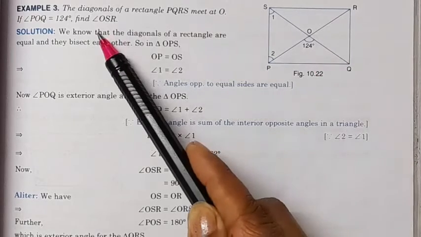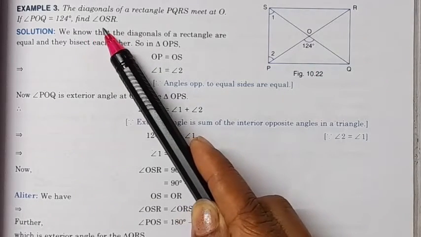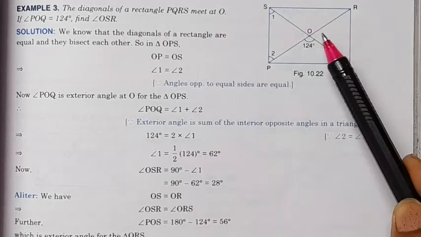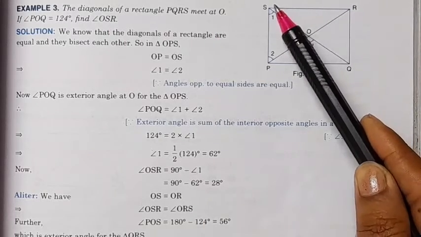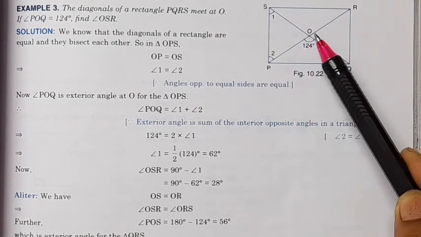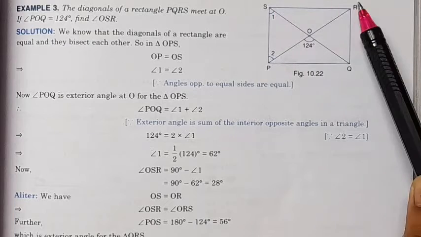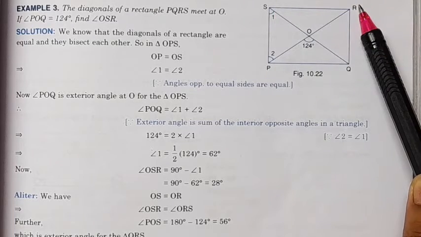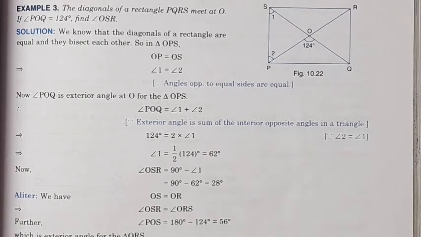And what we have to find? We have to find angle OSR. Angle OSR. Clear? So let us see how to start.